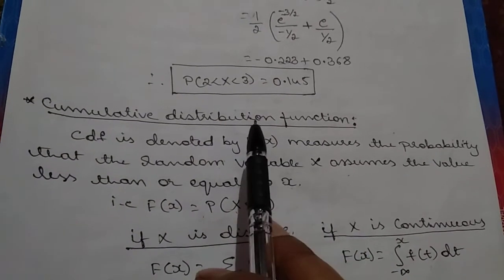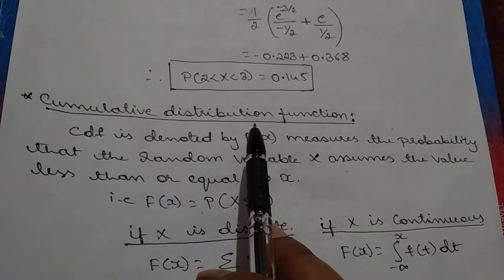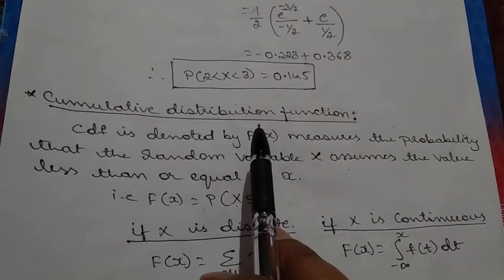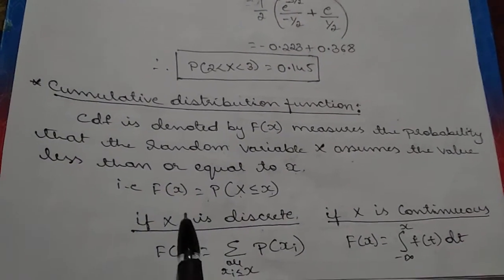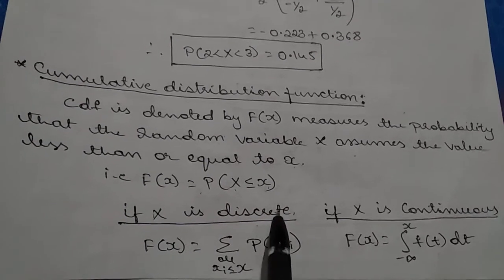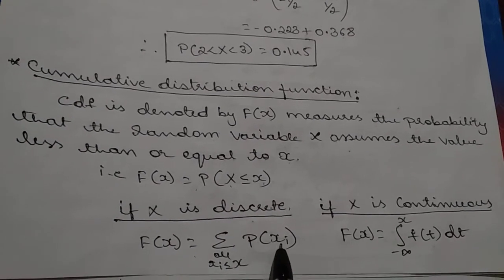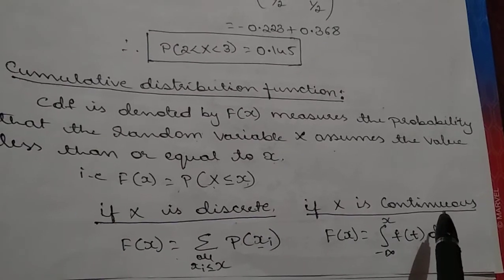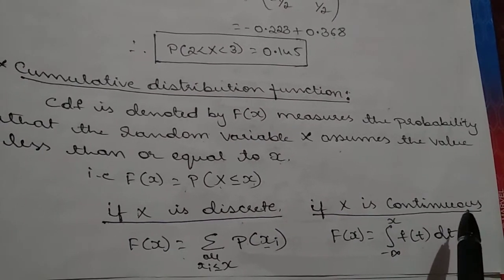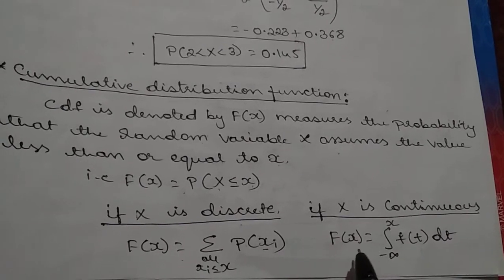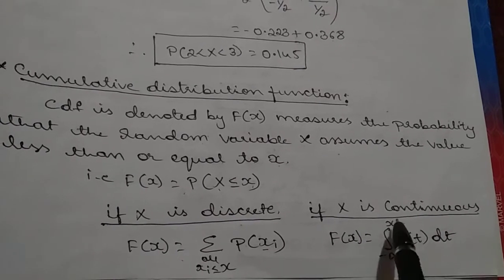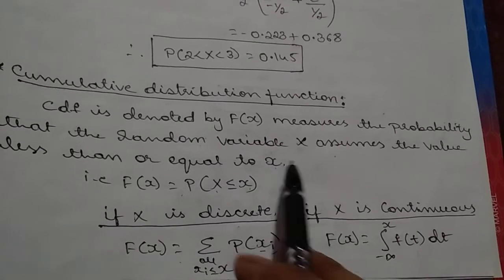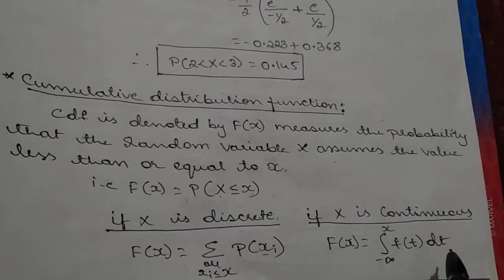In this cumulative distribution function, we have to check both for discrete and for continuous functions. If the random variable is discrete, then f of x is given by the sum of p of x. But if x is continuous, then f of x is the integral from minus infinity to x of f of t dt.